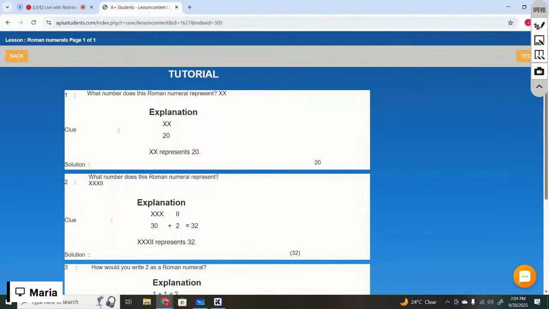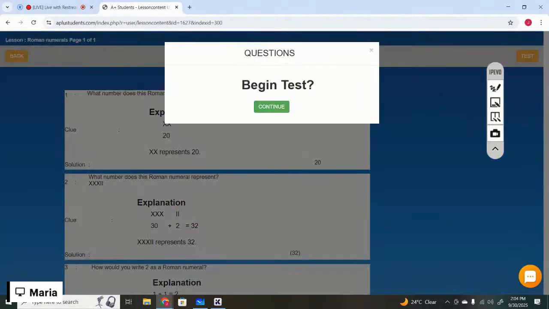What number does this Roman numeral represent? X represents 10. So X and X represents 20. Let's just start with the test questions.